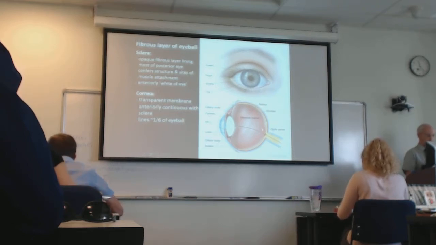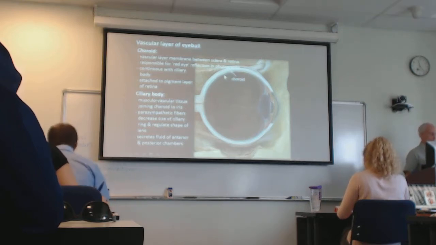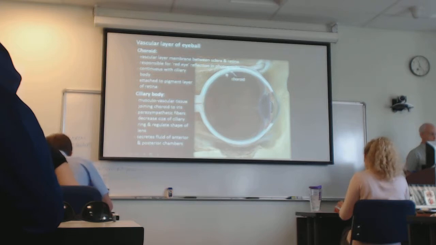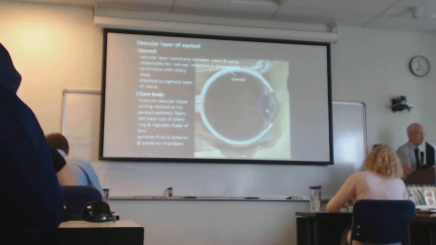The yellow is the retina there. That vascular layer interior to the retina is called the choroid. And then we've talked about the ciliary body that responds to chiefly parasympathetic, but also sympathetic innervation.